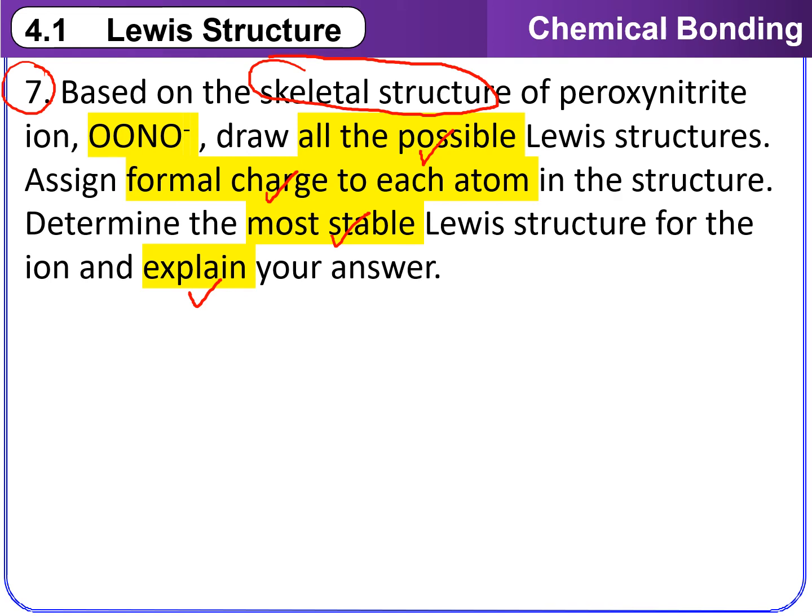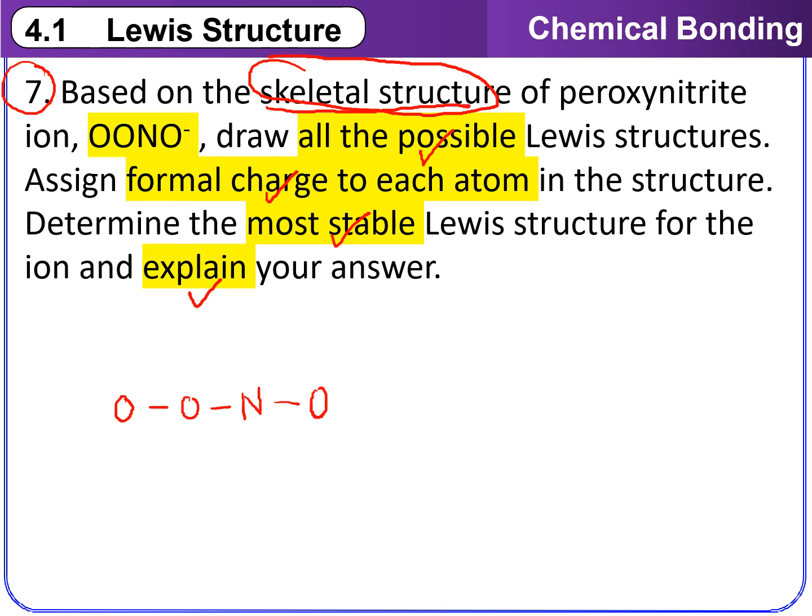Before we start, this question already gives us the skeletal structure, which means the atoms are arranged like this: oxygen connected to oxygen, then connected to nitrogen, and then connected to oxygen. So in this case, we do not need to identify the central atom.